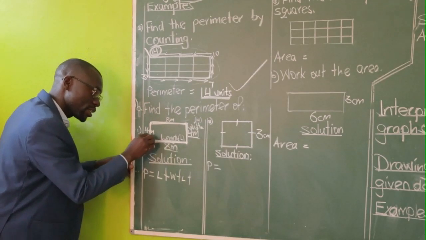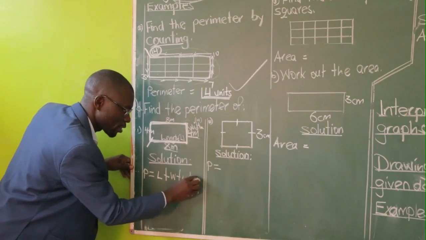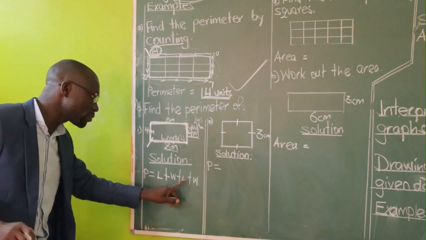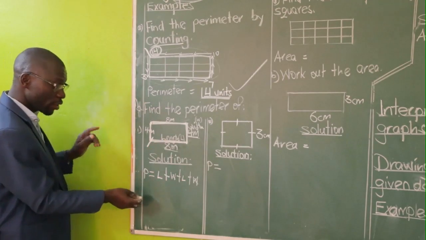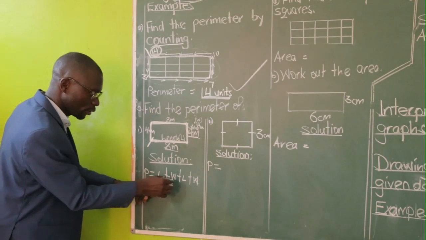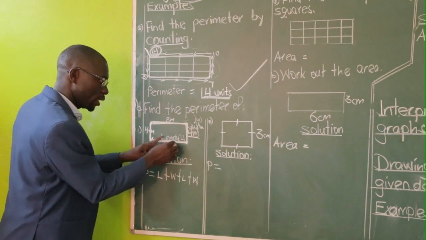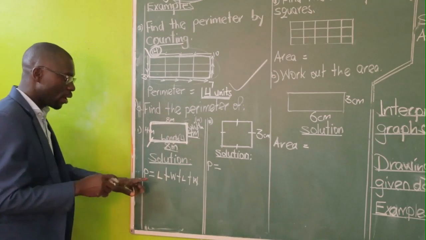Remember, this is the starting point. So don't say length plus width plus length plus width plus again length. No, they are basically 4 sides, and make sure you have 4. This is 1, 2, 3, 4. Now, where is length?